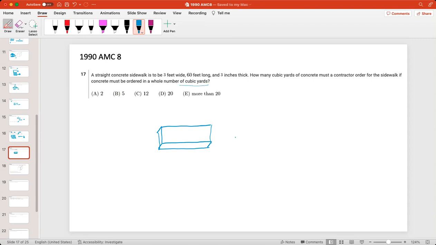Okay, so cubic yards. So we want all measurements in yards. Then only we can have the answer in cubic yards. We have to find the volume of this, right? It's a cuboid. So we are going to say everything should be in yards. Let me just convert. So 3 feet will make 1 yard, right?